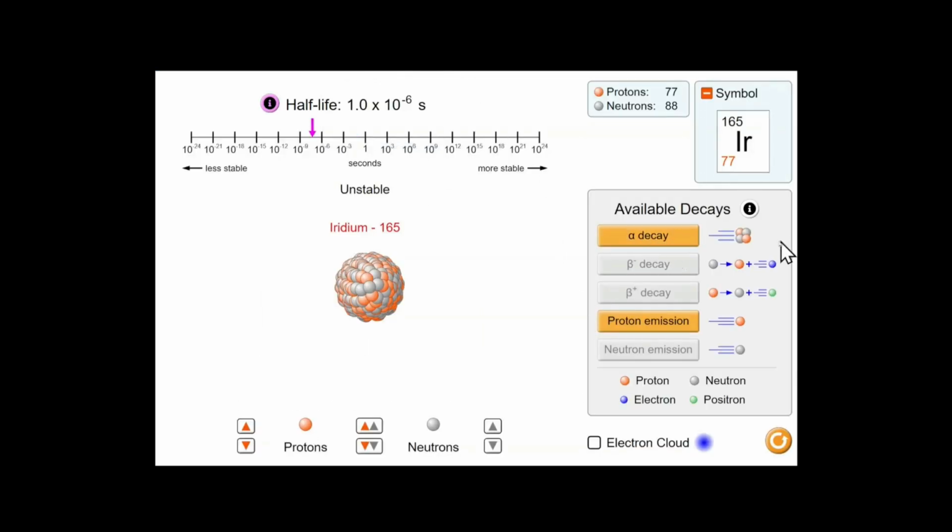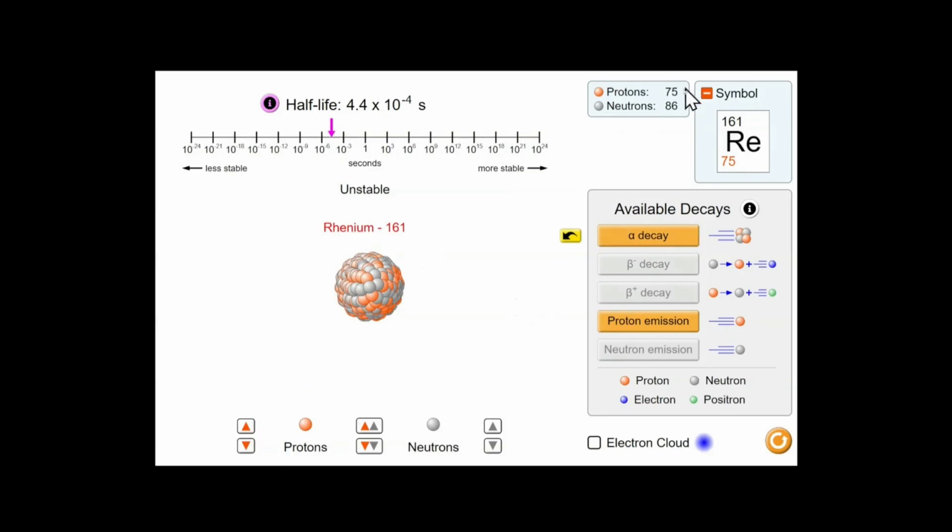What is alpha decay? Alpha decay is a helium atom, a very, very high energy helium atom, a helium nucleus, I should say, and a helium-4 nucleus to be more exact, which has 2 protons, 2 neutrons. So to get rid of those protons, it's going to spit them out.